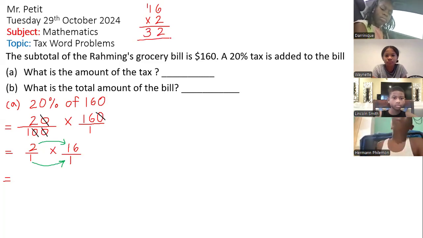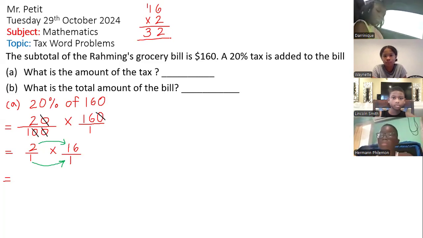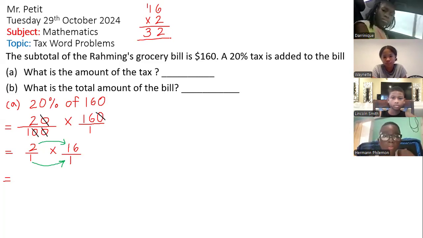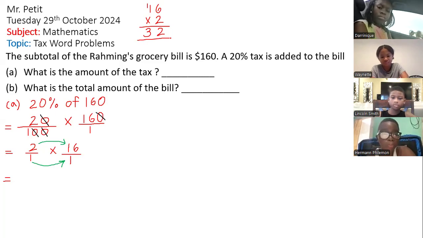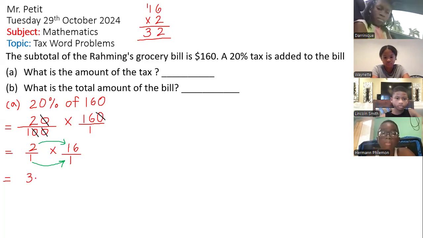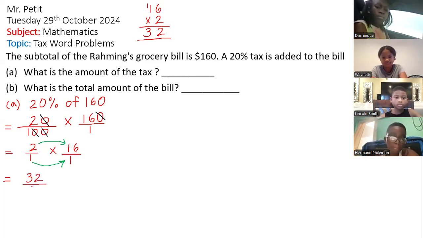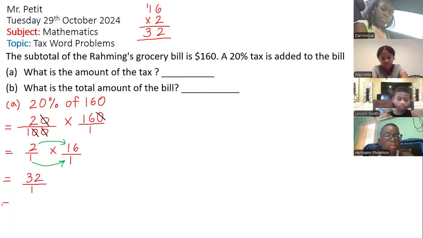So it's going to be what? 32. Very good. So that means that this is going to be 32 over what? Over 1. And so the amount of the tax is going to be what? $32.